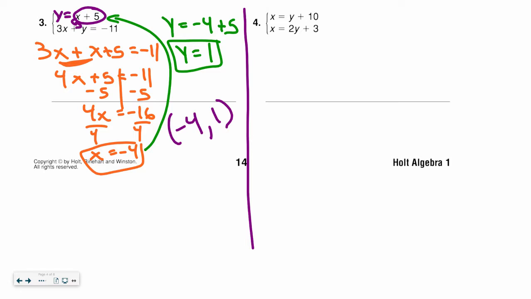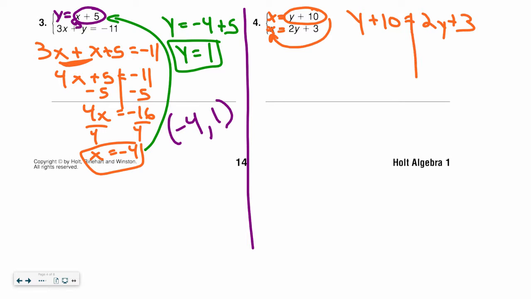For the fourth one, you'll notice that it's both x equals. So what I'm going to do is take this and plug it in right there. So it becomes y plus 10 equals 2y plus 3. So I'm going to solve for y by combining my y's.